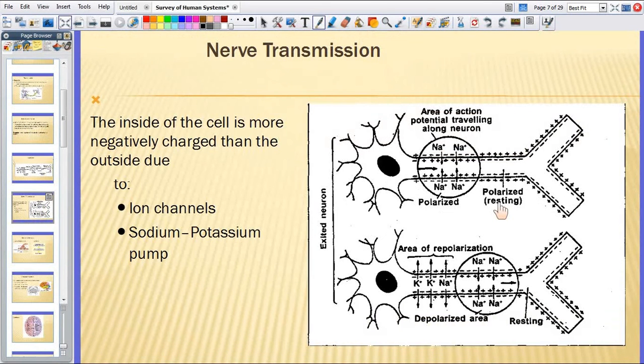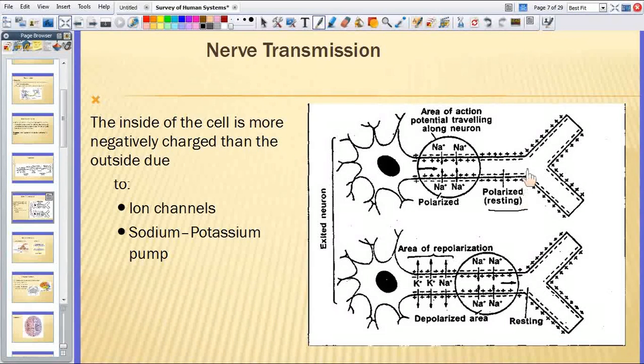We're now going to look at the tricky part of nerve transmission. We're going to look at the chemistry of what makes that nerve impulse move along the axon. We're going to start here where it says polarized or resting. When a neuron is at rest, it's more negative on the inside than on the outside.